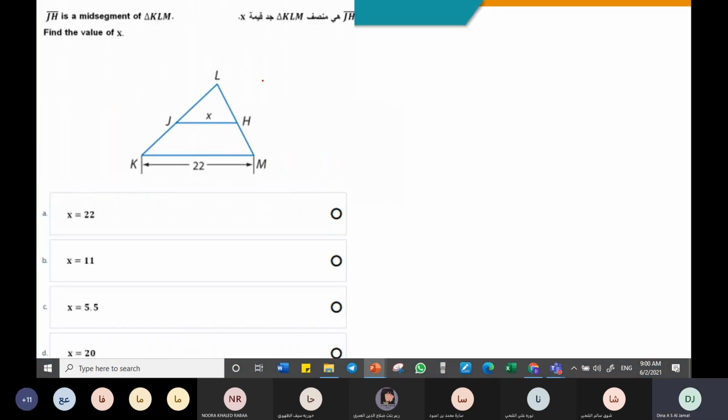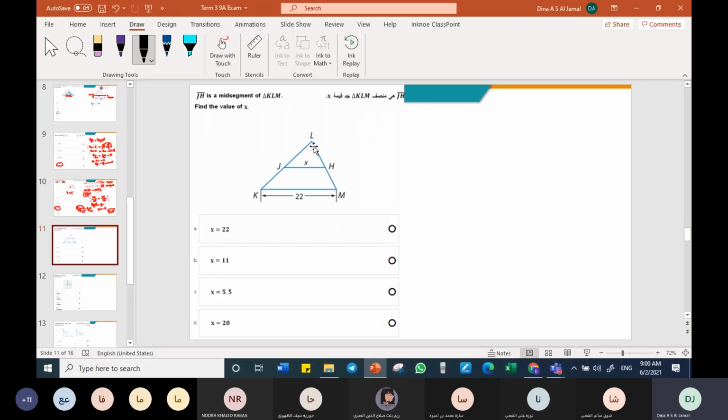10th question. So he is telling you and he's giving you a keyword: JH is a mid-segment. And pay attention, we took this definition. Is a mid-segment of this triangle.